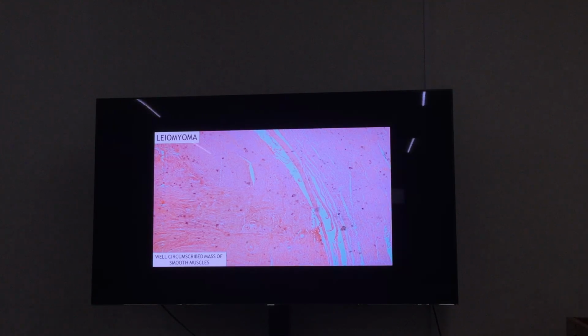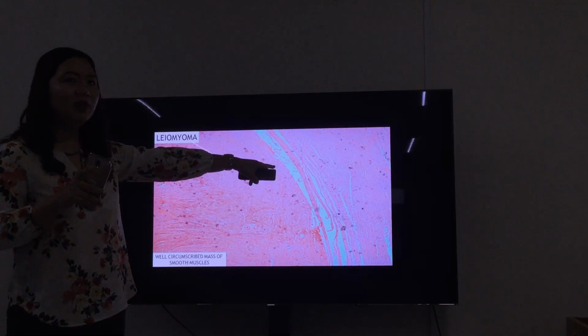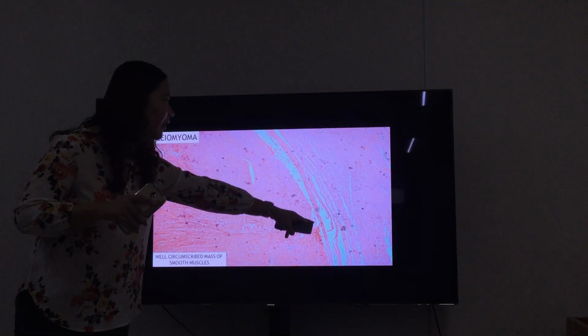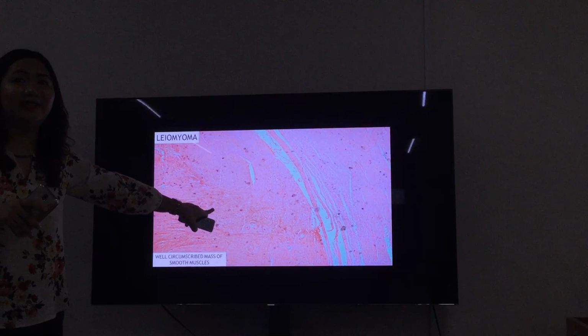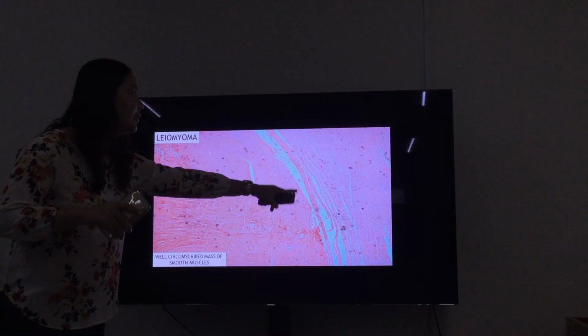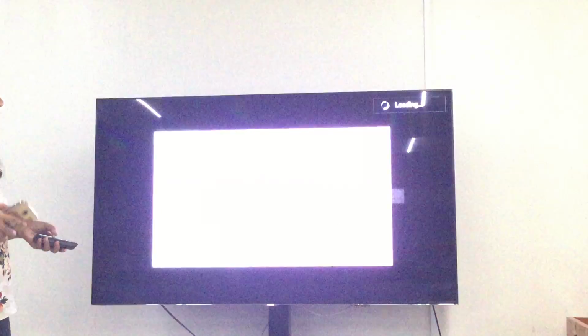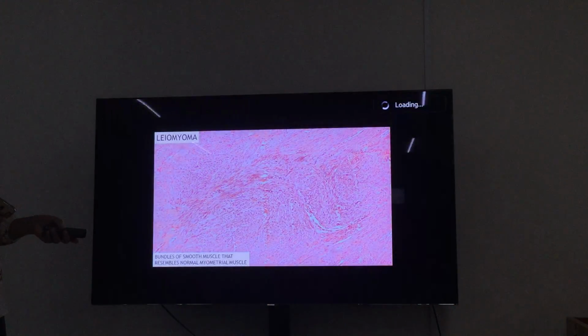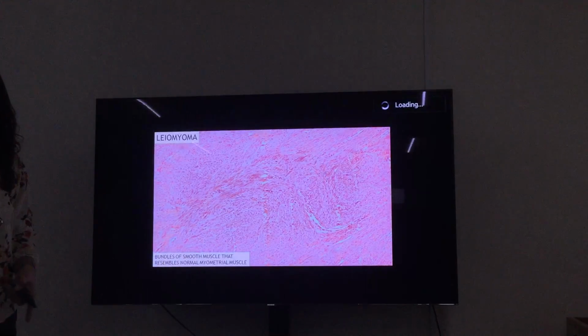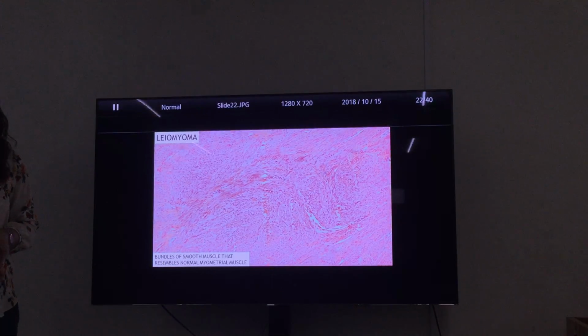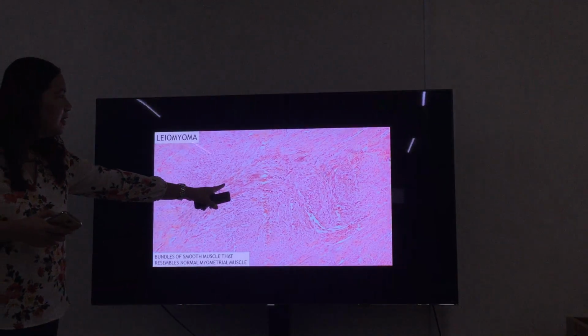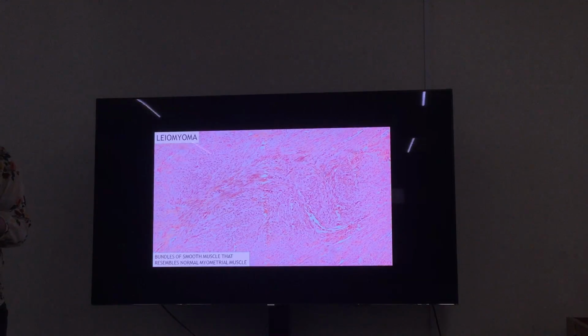Leiomyoma is usually well circumscribed again. Microscopically, you'll know it's well circumscribed because of a fibrous capsule that surrounds the mass. Closer view, you can see uniform spindle-shaped cells with pink cytoplasmic processes. The appearance of the cells is uniform.